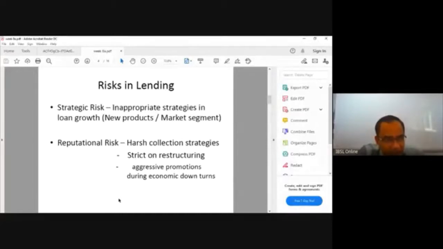Not every time, sometimes, because their methods are like that and can get criticized. So when that kind of thing is done, the name of the financial institution is pulled in, and then there is a reputational risk.